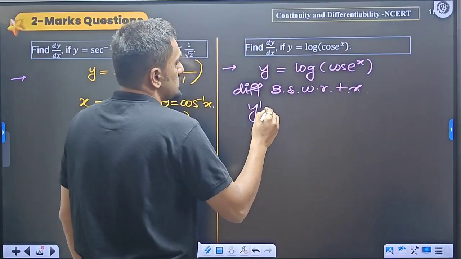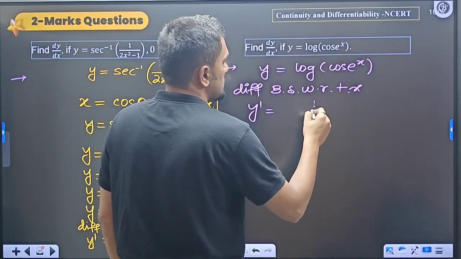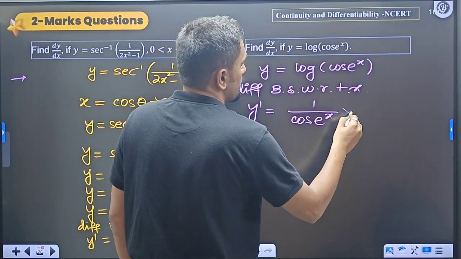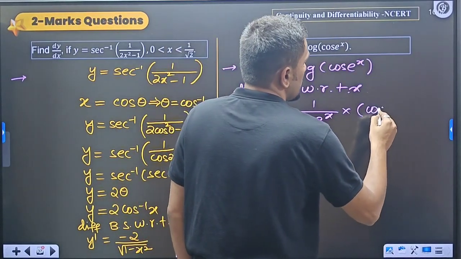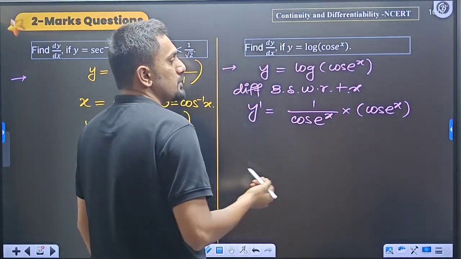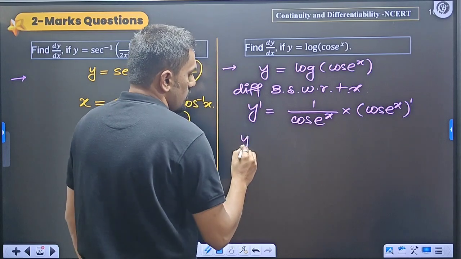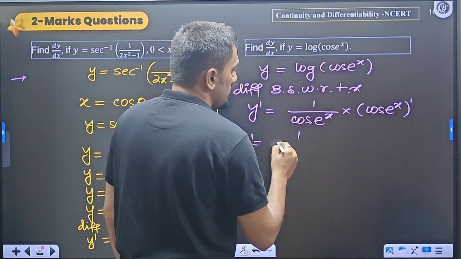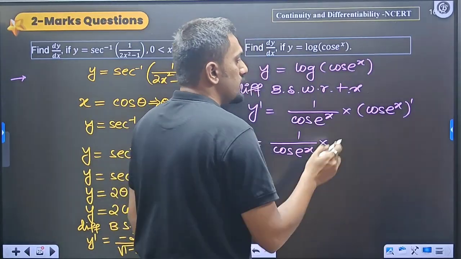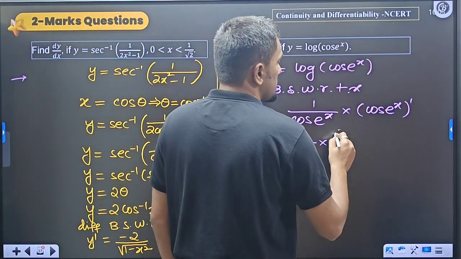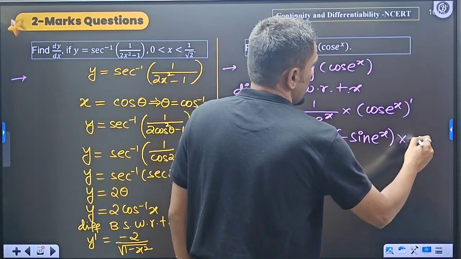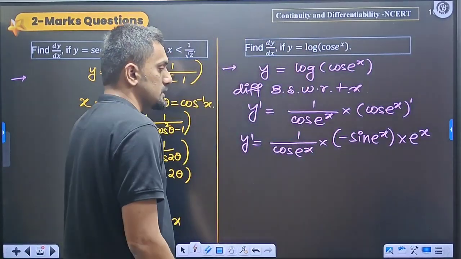So y dash is equal to, the derivative of log of f of x is 1 divided by f of x, that is 1 divided by cos e power x, into the derivative of the innermost function, cos e power x. The derivative of cos e raised to x is minus sin e raised to x into the derivative of e raised to x, which is e raised to x.